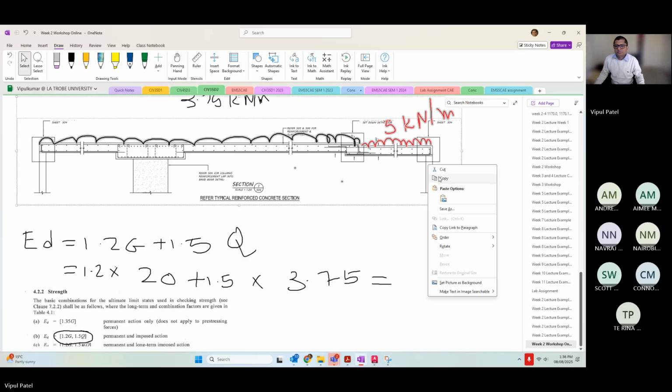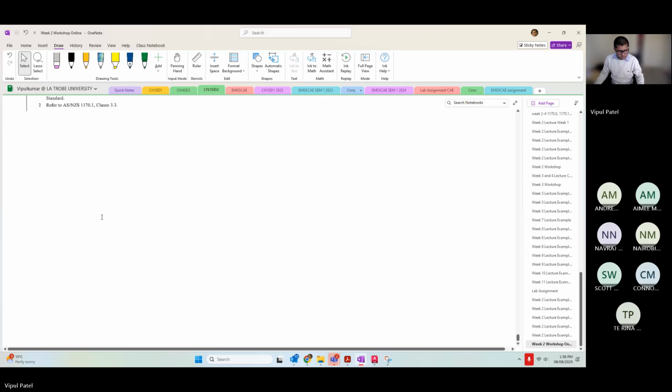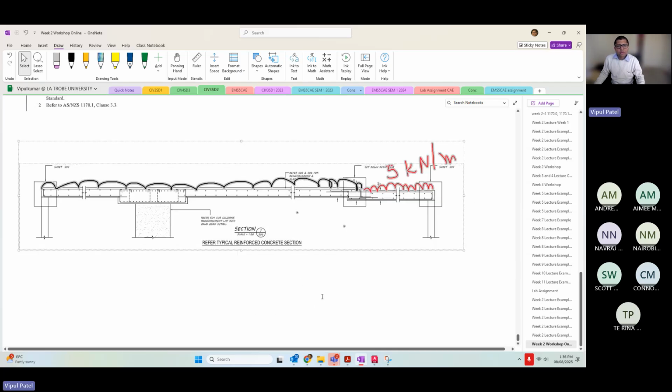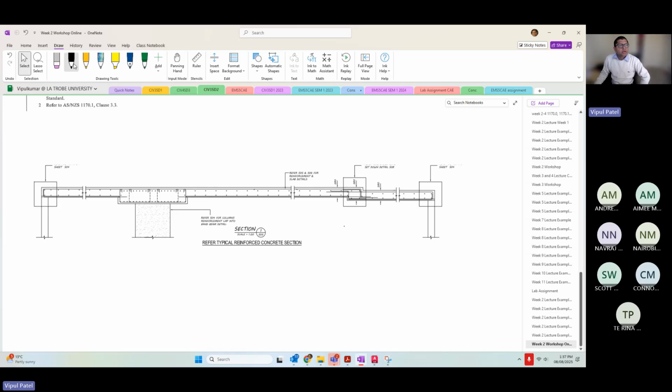So the ultimate load that you get from here to here is 29.63 kilonewton per meter, and I showed you how to get that.